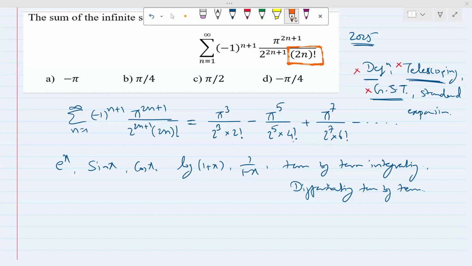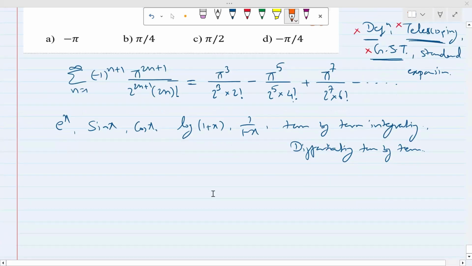By observing this 2n factorial, what is trigger in your mind? Which standard expansion contains 2n factorial? Cos. Very good. So let's try using the expansion for cos x if possible.